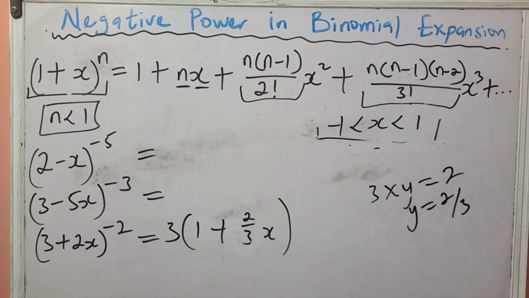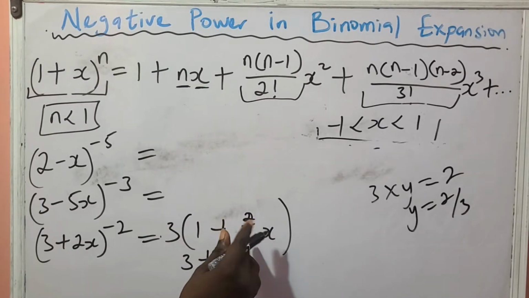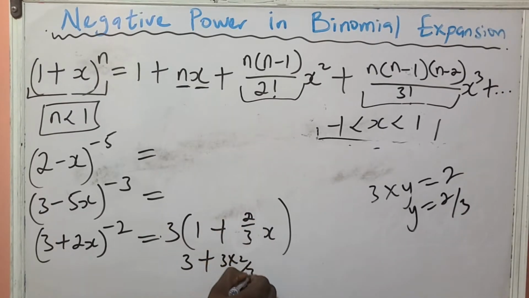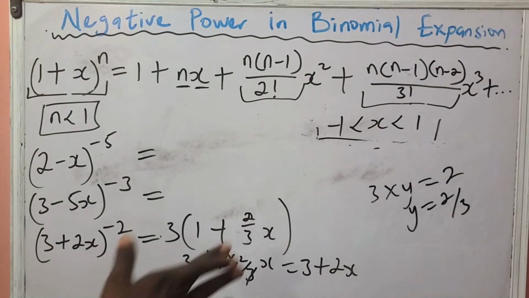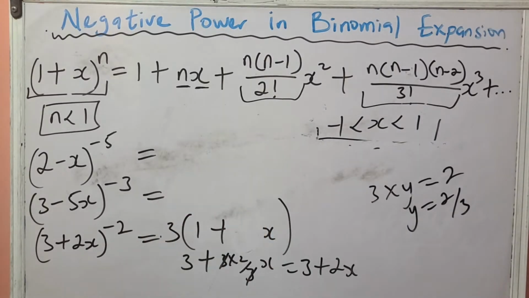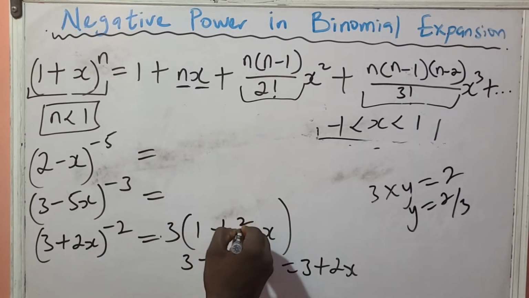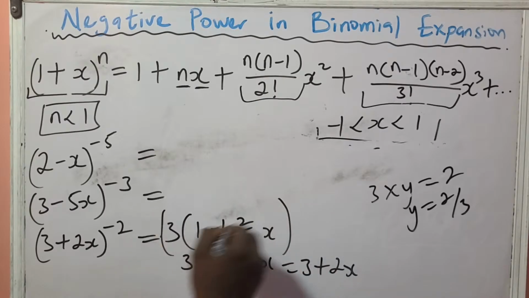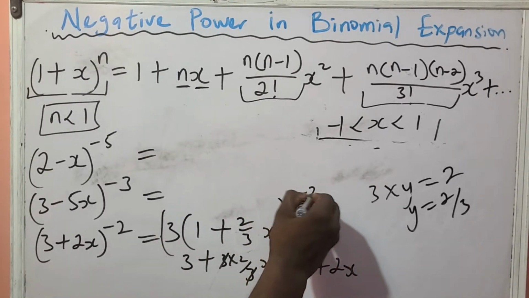Let's see if it gives you the same answer. 3 times 1 is 3, plus 3 times 2 over 3x. Of course, 3 will cancel 3. You will be left with 3 plus 2x. So this is perfect and correct. The final answer here will be 1 plus 2 over 3x, and then don't forget, all this is raised to the power of minus 2.